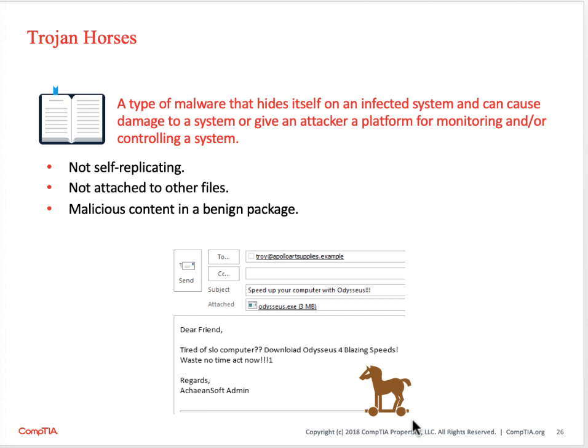So a lot of times, that's what a Trojan horse is used for. As we said earlier, it usually gives the attacker a platform for monitoring or controlling a system, meaning a backdoor, right? And that's what the Greeks did to the Trojans in this case. They sent them this benign-looking package, and it was used for them to open the door. Same thing here.